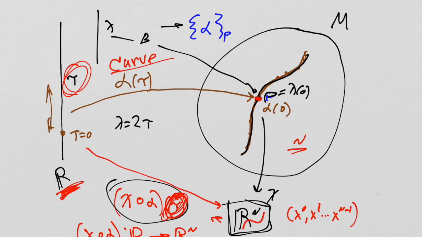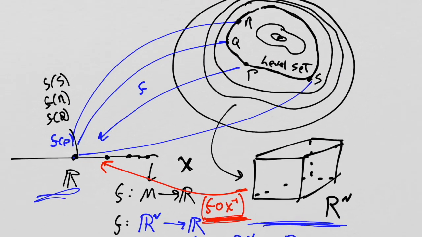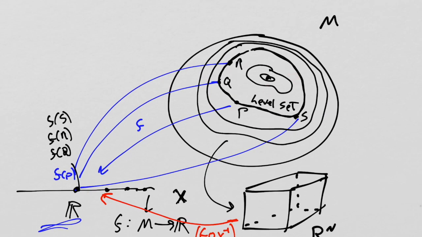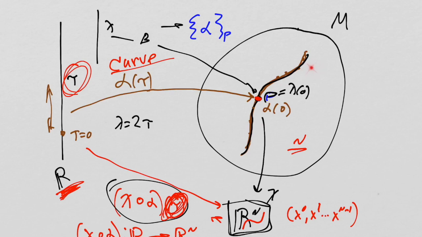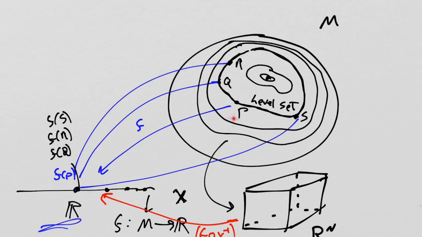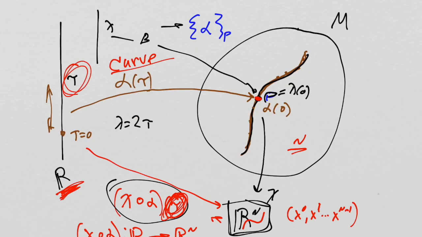Now we're ready to start putting these things together to understand how we can take derivatives of functions on the manifold with respect to curves on the manifold. And obviously, if you're moving along a curve in a manifold, you're going to be crossing these level set lines, and the speed at which those level set values are changing is a way of understanding the derivative of that function with respect to a certain traversal, right?